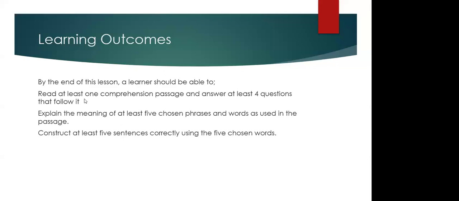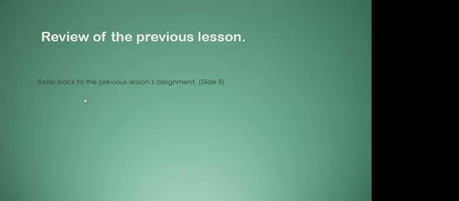So by the end of this lesson, at least be able to read through one passage, answer some questions, and then explain the meaning of the words as used in the passage, but also be able to construct different, personal sentences using the chosen words. Yes, those are our learning outcomes. We did the review of the previous lesson.